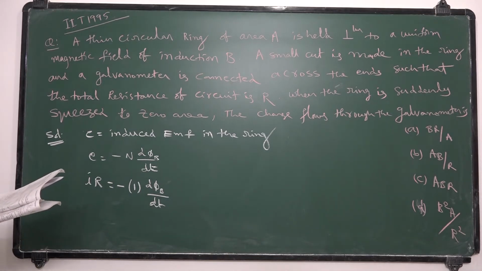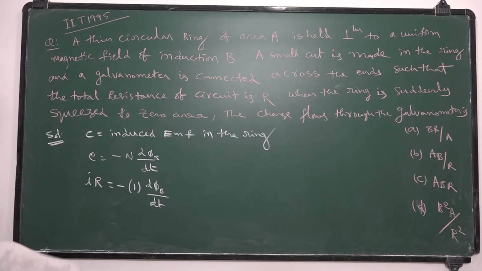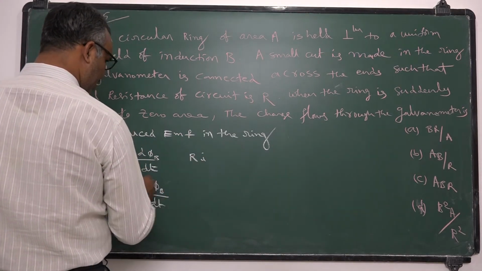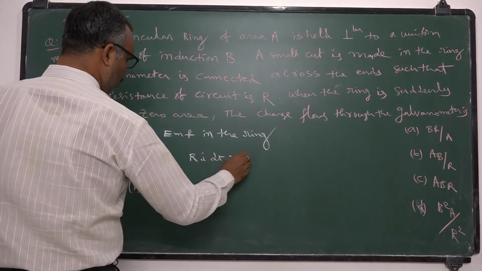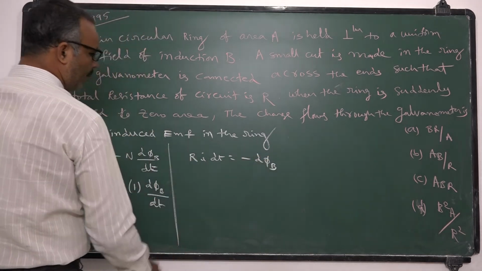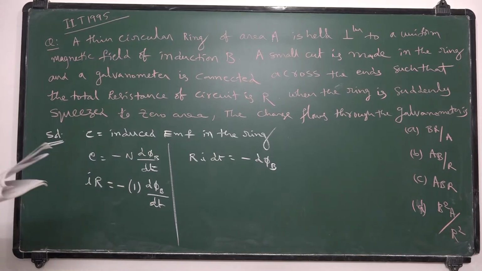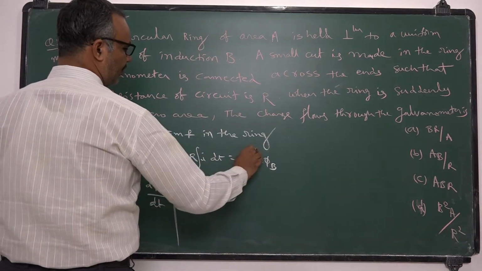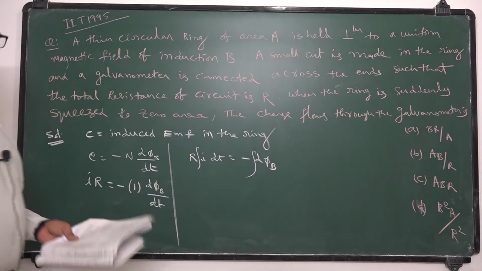Now, R i dt, you bring this side, is equal to minus d phi B. In order to remove the derivative on both sides, I should apply integration. R is the resistance, a constant.